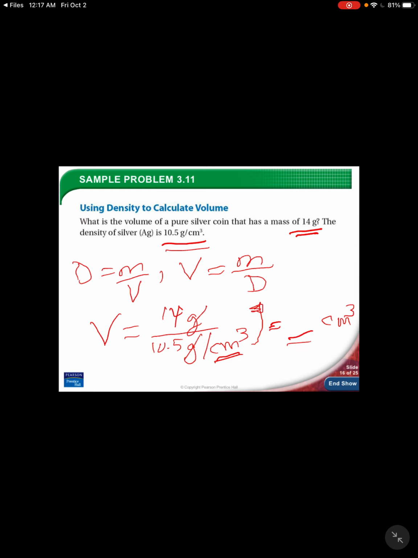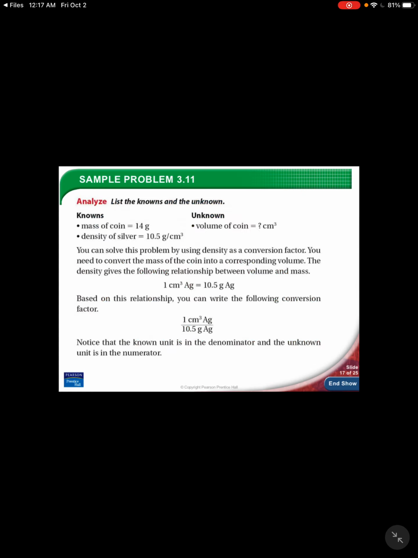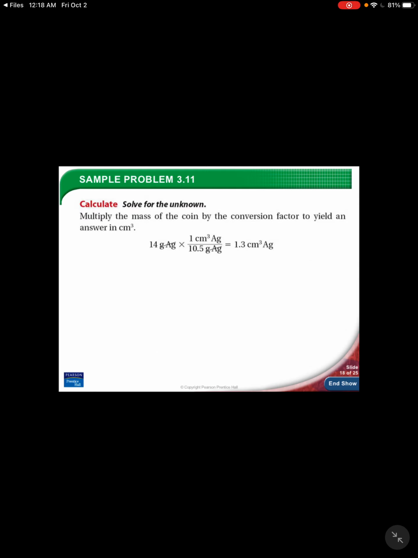If you have a calculator, I don't have one right now, 14 divided by 10.5 will give you your numerical value, or I will just scroll ahead to that value. And here we have it, 14 grams times our conversion factor, 10.5 grams of silver corresponds to 1 cubic centimeter of silver.